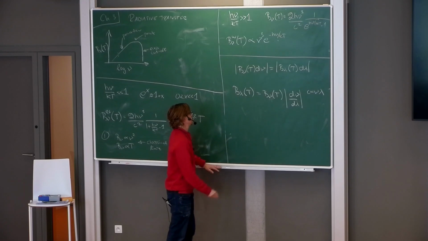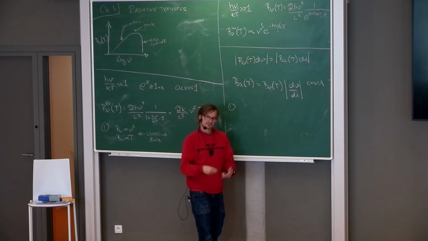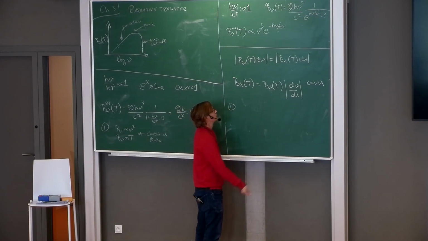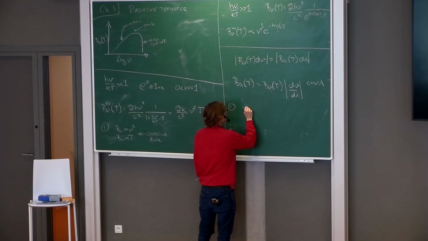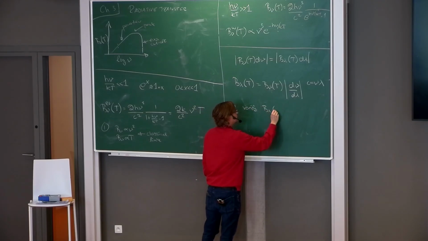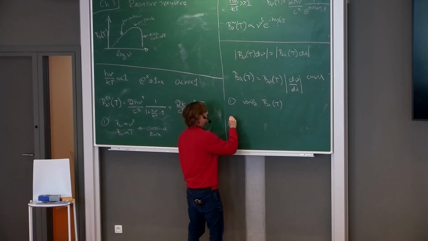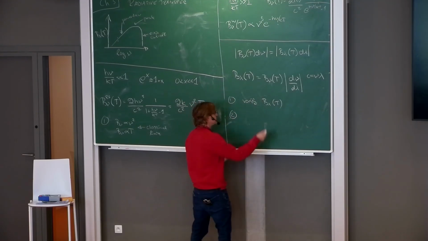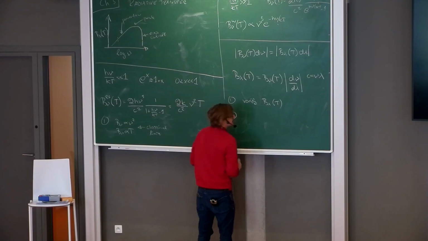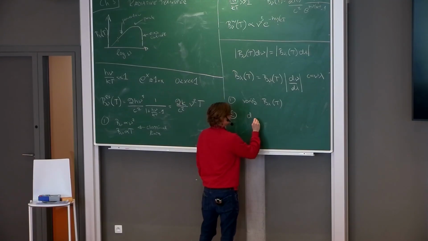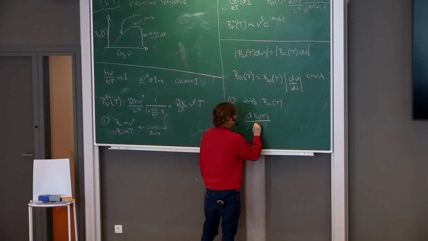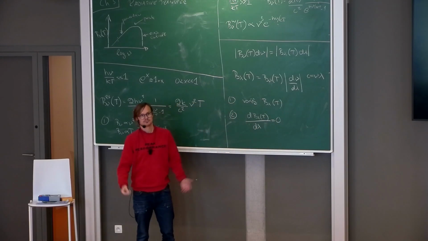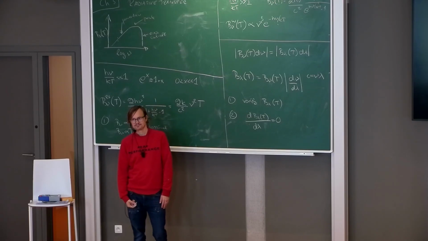Now, your first little homework will of course then be to verify the version that you find in the book for B lambda of T. The second one is to, okay, we want the peak. How do we take the peak? Well, we just set the derivative for a given temperature, it's a function of lambda now, to 0. And then we solve it. Okay?